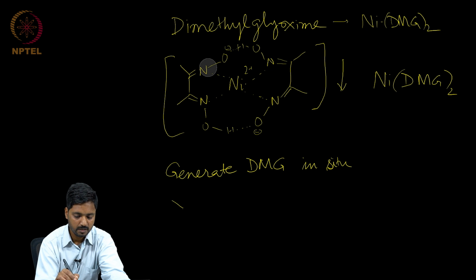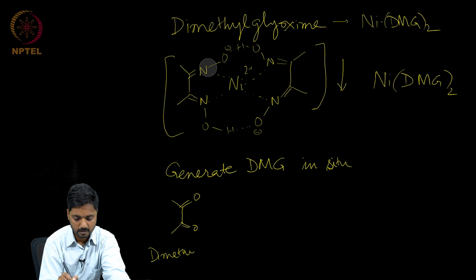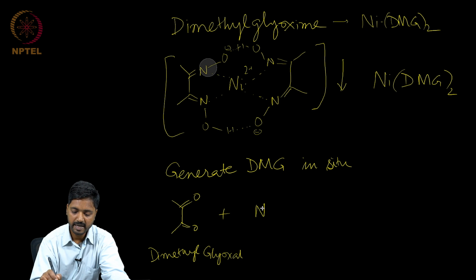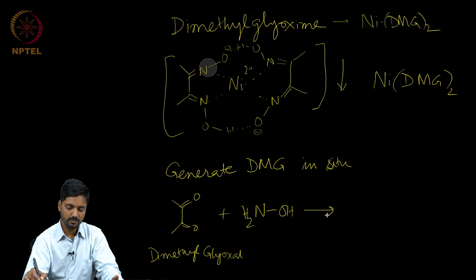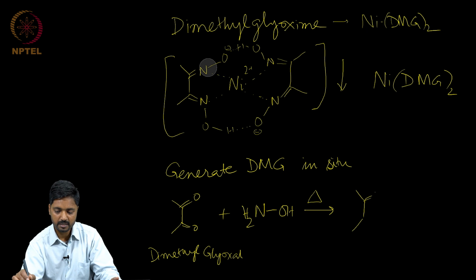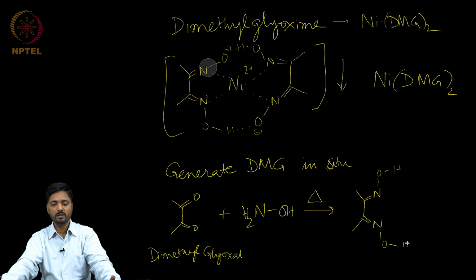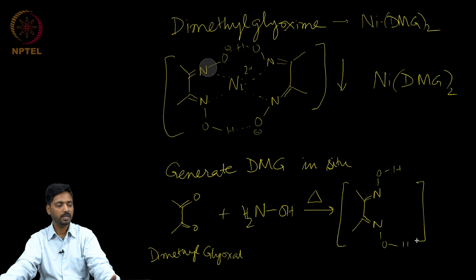So, for that what is done is we take the dimethyl glyoxal and react it with hydroxylamine in the reaction mixture itself, and under the right conditions of high temperature you will generate the corresponding dimethyl glyoxime, which will undergo complexation with the nickel ions present in the medium.